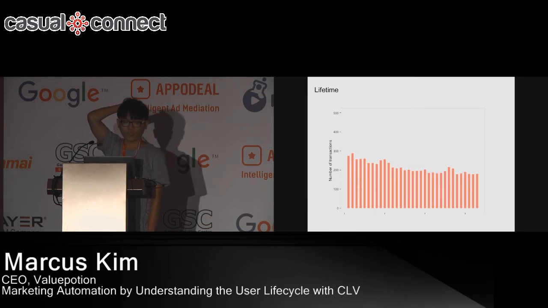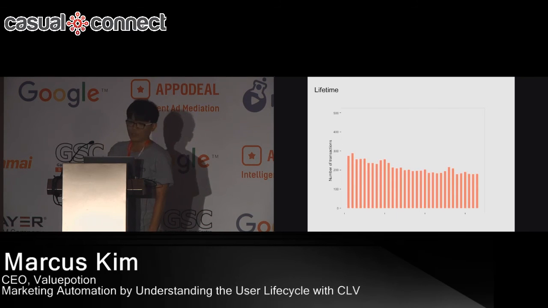In order to see churned out users, we define a cohort and observe how the number of active users changes as time passes. The X-axis is time and the Y-axis is active users.